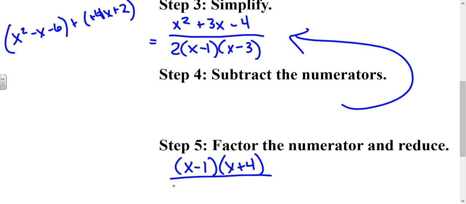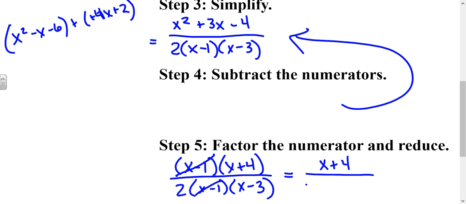So if I factor that, then this is what I get. Then I can look, oh look, my x minus 1s actually cancel out, so I actually could reduce this one. So then I'm left with x plus 4 over 2 times x minus 3. And that would be the final answer.